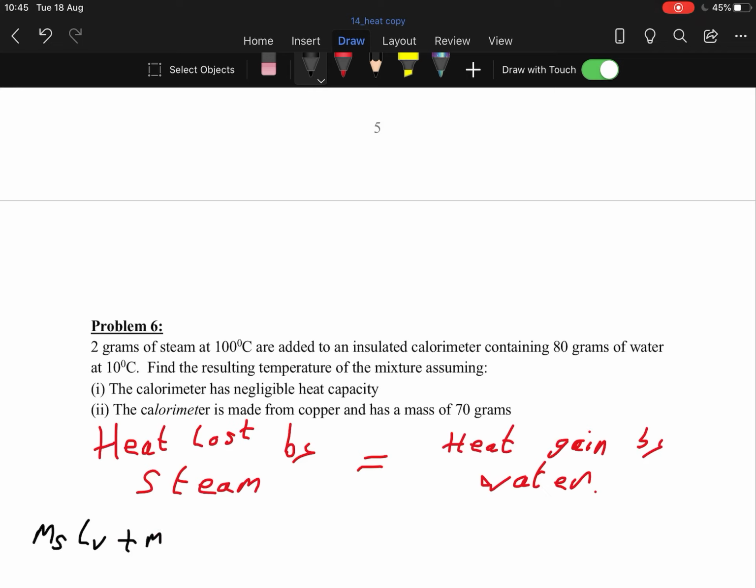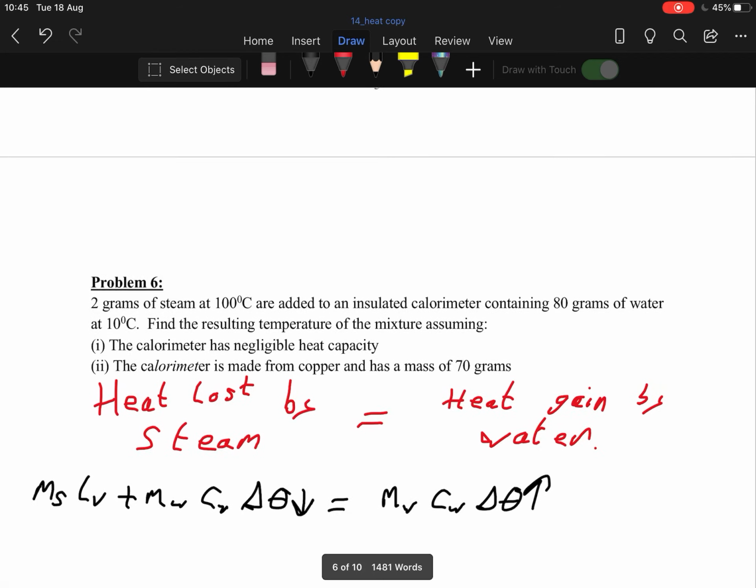It's going to cool down. Mass of the water, heat capacity of water, change in temperature, down. What's going to happen to the water? Is it going to change state? No, it's not. We know that because we're adding 2 grams of steam, so it's not going to be enough to change the water. So we know the mass of the water, heat capacity of water, increase in temperature.